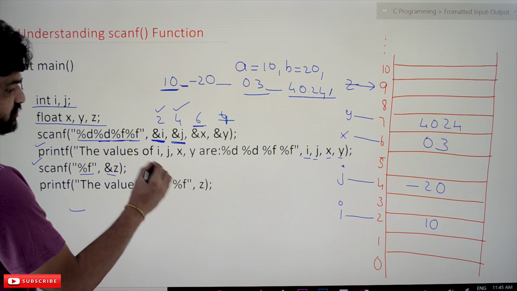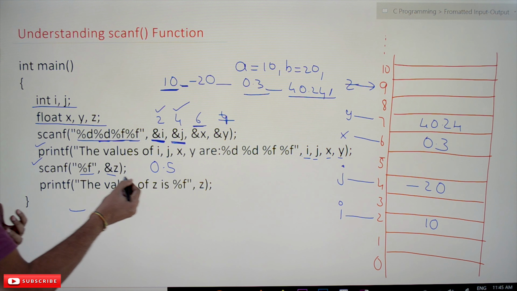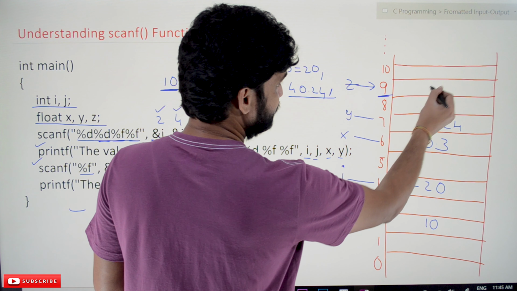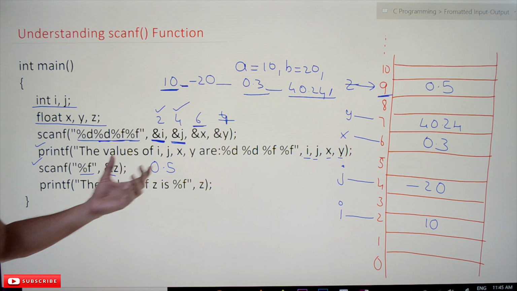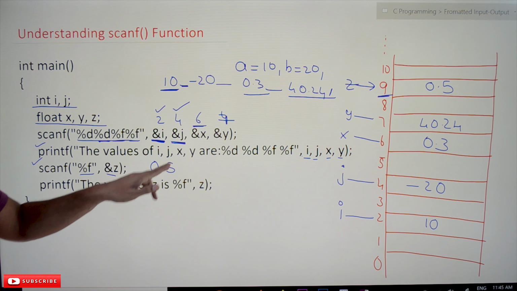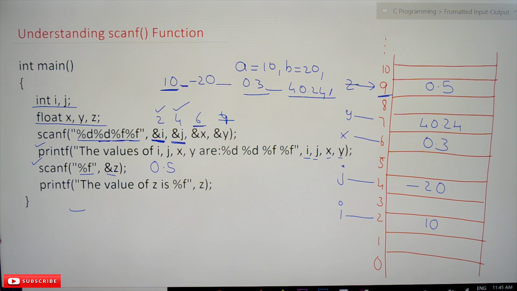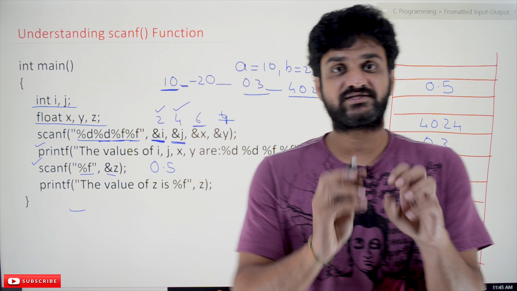Let's assume that it is 0.5. It will get stored in the location of z, which is 9. After giving 0.5 and pressing enter, it will go to the next line and print the value of z.